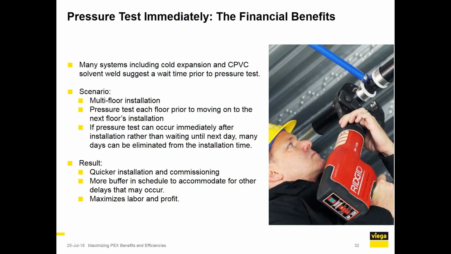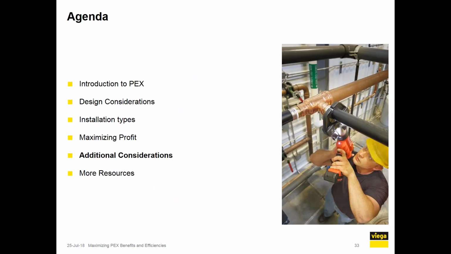Rather than waiting until the following Monday to continue on the next floor, you can continue on Friday. So it's another example where you're maximizing your labor. You have a quicker installation. You have more buffer in your schedule to accommodate other delays. Those are the factors that really matter when you're choosing a PEX system, when you're choosing a fitting system.